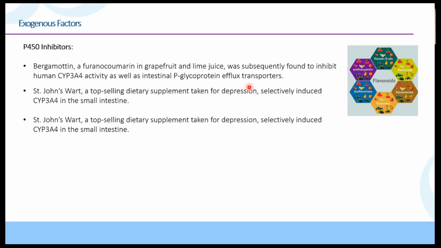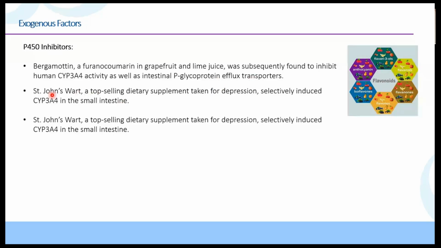Then coming on to P450 inhibitors further. Bergamottin, a furanocoumarin in grapefruit and lime juice, was subsequently found to inhibit human CYP3A4 activity as well as intestinal P-glycoprotein efflux transporters.